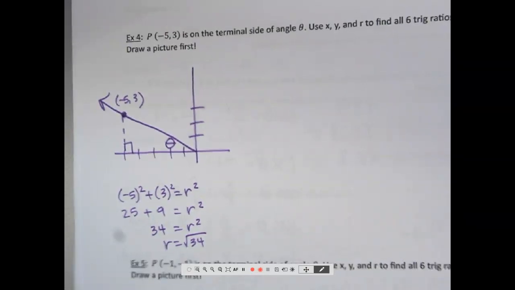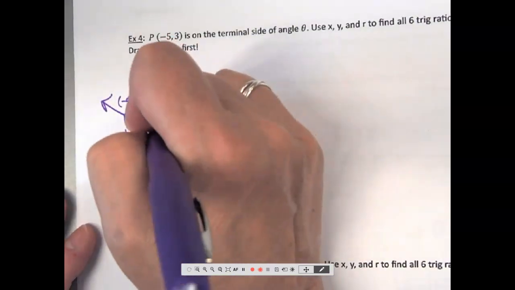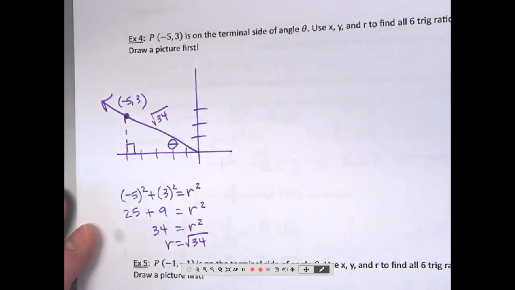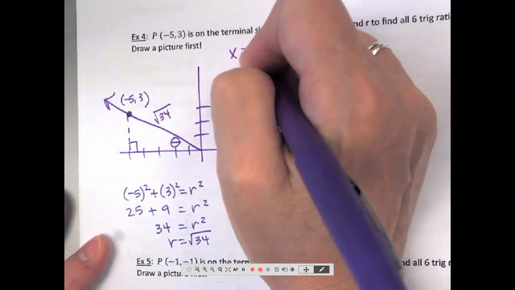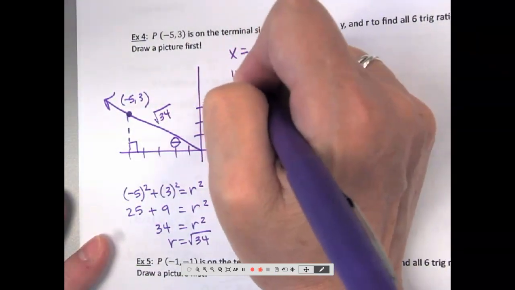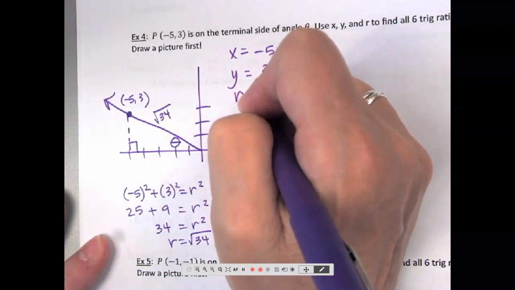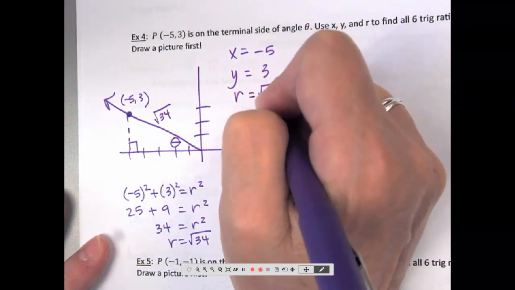So we're basically using the same numbers, right? Okay, so I'm going to label that R there. X equals negative 5, Y equals 3, R equals square root 34.